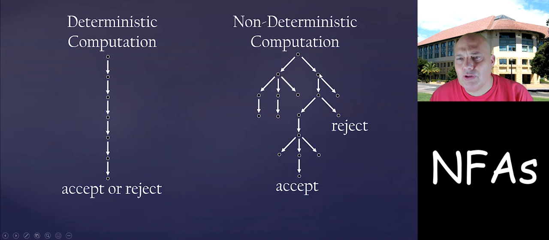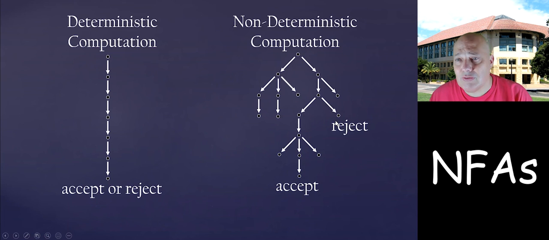At every point, you may have more than a single thing to do, and at some point you get stuck, you have nothing to do. And then in the leaves, you reach accept or reject. The question is whether there exists an accepting computation. There could be for every input an accept and a reject computation, but as long as there is an accepting one, then you're going to accept.